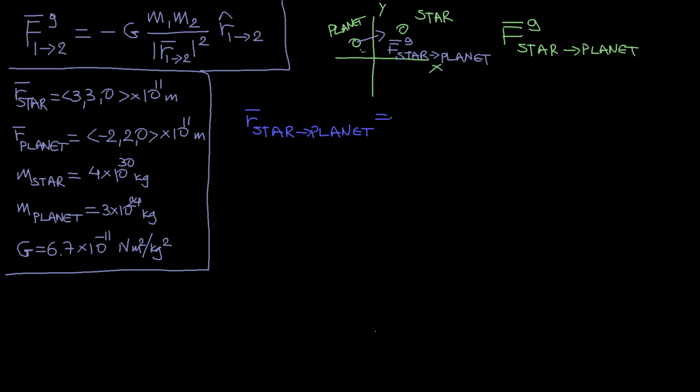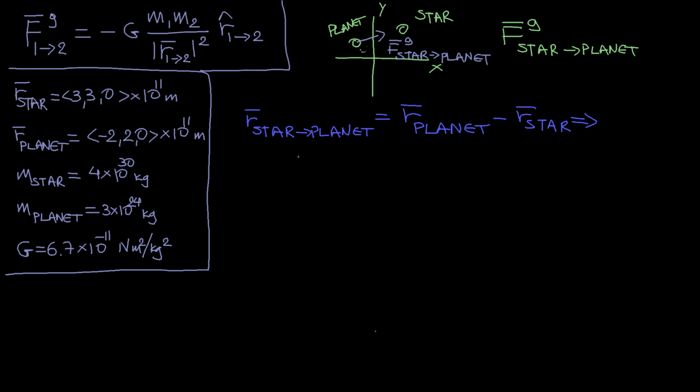To do this calculation, I need to subtract the position of the star from the position of the planet. So it is our planet minus the position of the star. So the second object that you see here, from the star on the planet, it's our planet that goes first, minus the position of the star.